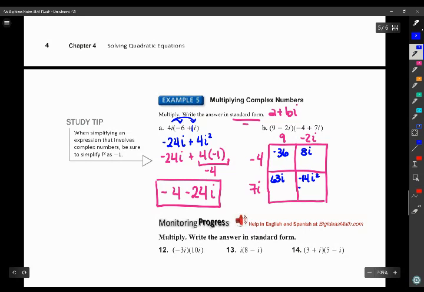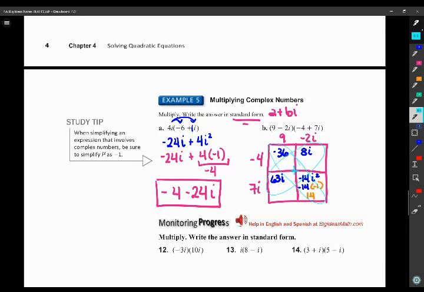And again, i squared is the same thing as -1 every single time. So negative times a negative makes this box be a positive 14. Negative times a negative is a positive. 14 times 1 is 14. And then when you go to combine like terms, these two on the diagonal are your like terms. And again, we're going to add every single time.